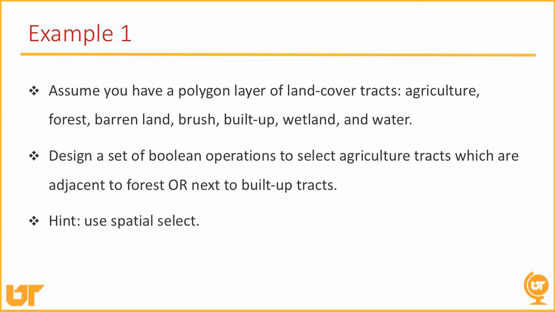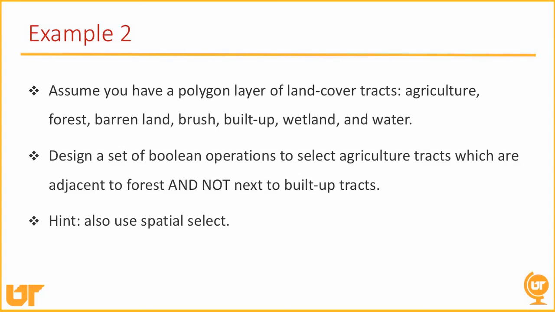Your task is to design a set of Boolean operations to select all of the agricultural tracts which are adjacent to forests or next to the built-up tracts. In this case, you should go with the spatial select, or select by location. I will go over this example during the meeting of Quick 5.